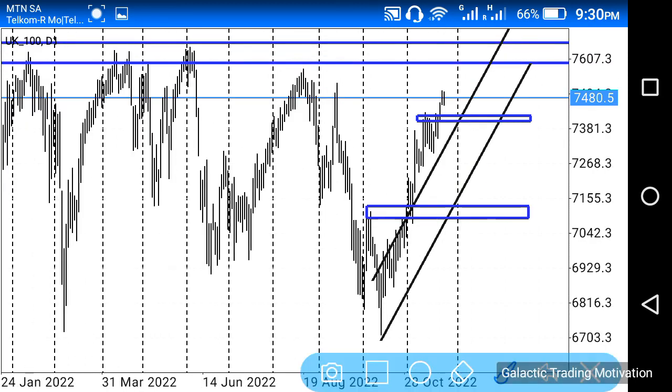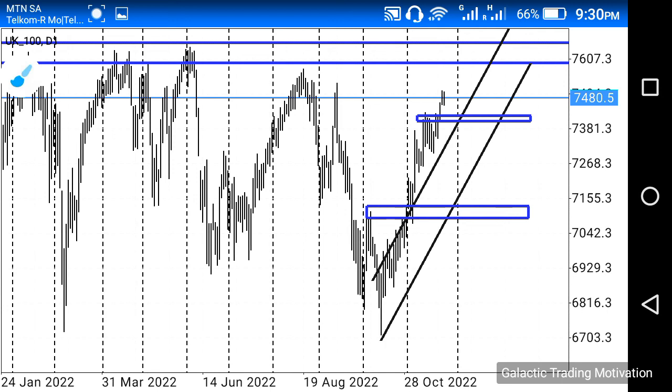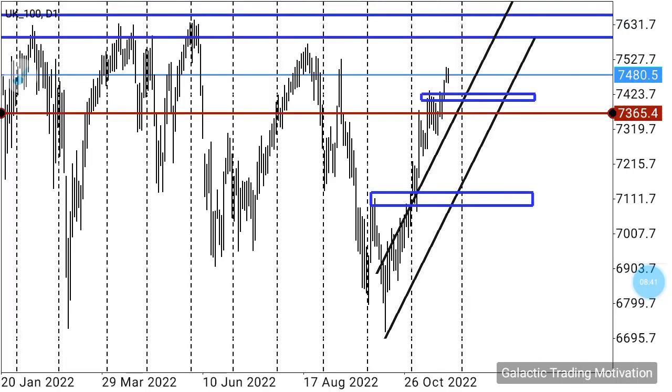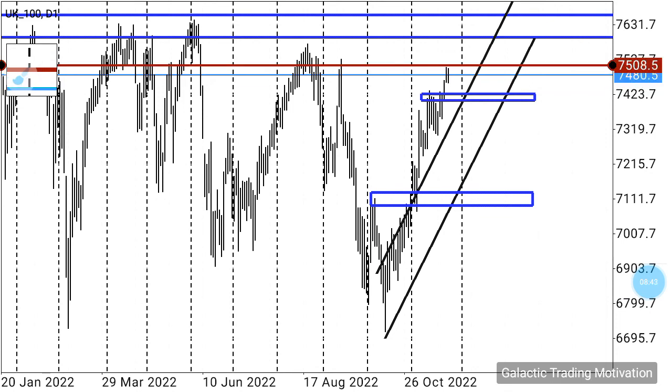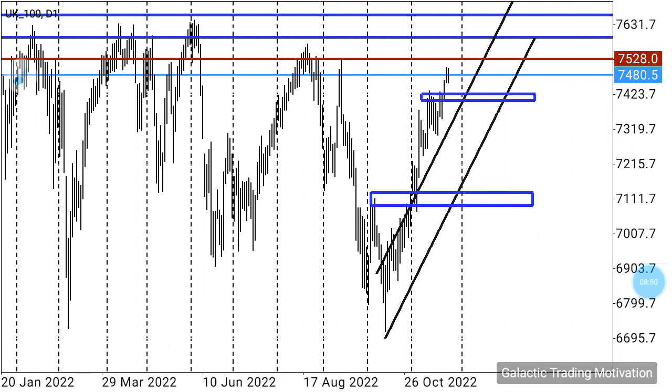Just bear in mind that we also have this level over here, right? And as much as we expect price to reach this level, what may actually happen is price may reach this level and then push further down, right? Anyway, I'm just gonna mark that level as well, which is also a very strong level of resistance. Let's see, we could say that this level over here, more or less, right?